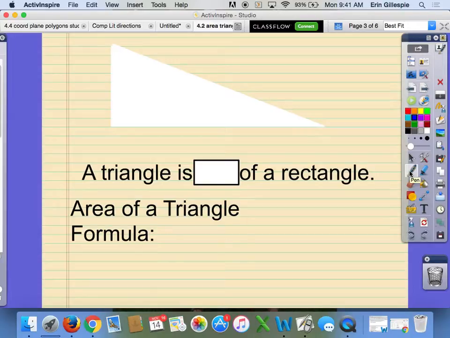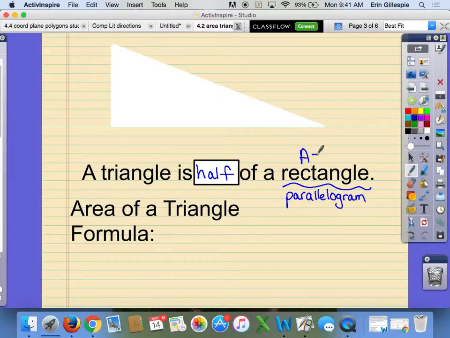So in other words, a triangle is half of a rectangle that has the same base and height. So what's the area formula for a triangle then? Well, let's think about what the area formula for a rectangle or really any parallelogram is. Remember we learned about parallelograms yesterday. A parallelogram is any four-sided shape that has two sets of parallel sides, and a rectangle is a parallelogram.